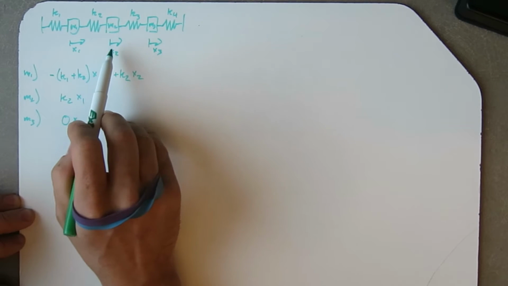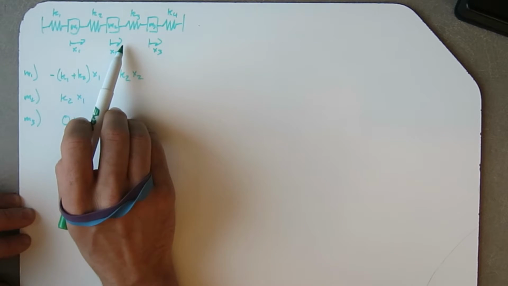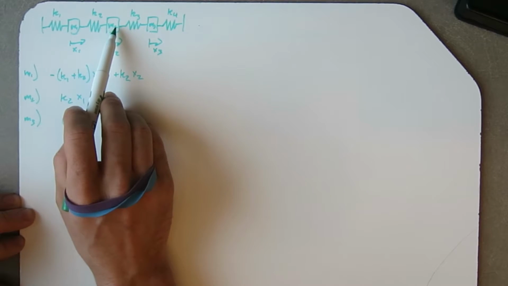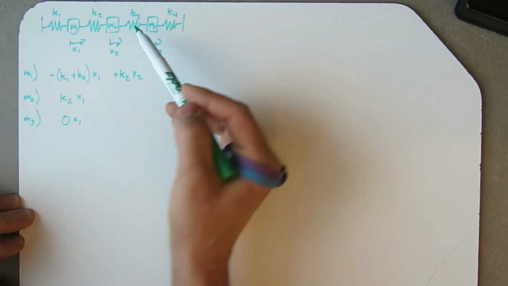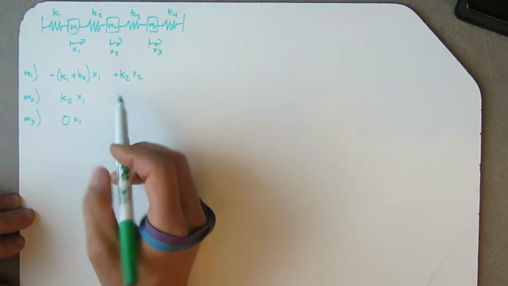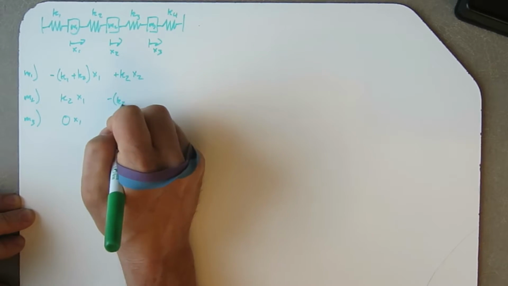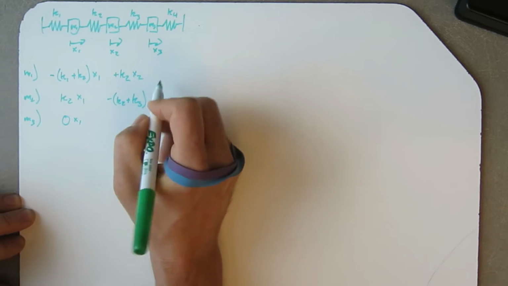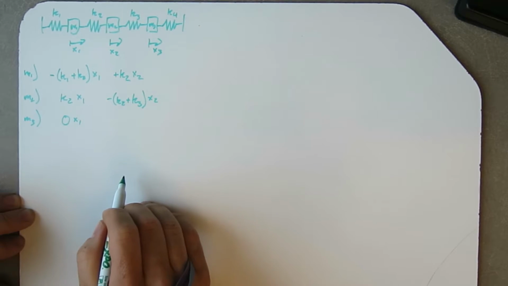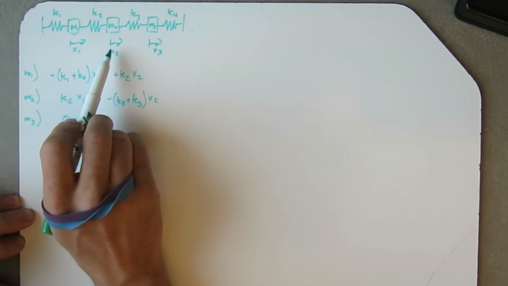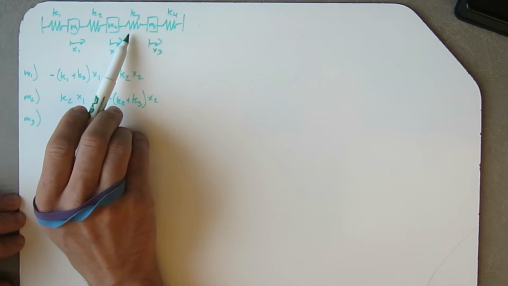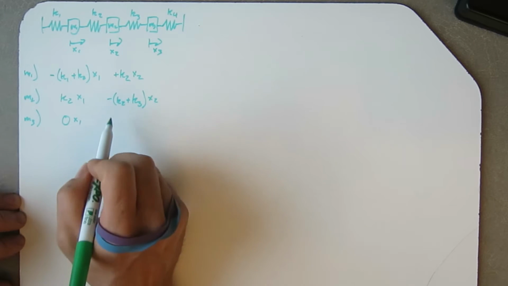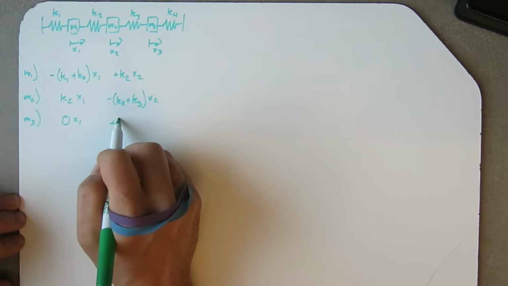And we'll do M2 displacing x2 positively, stretch K2, so K2 is going to pull back on M2, squish K3, so K3 will push back on M2, so we get a minus K2 plus K3 x2. And then when we displace x2 positively and squish K3, what happens to M3? Well, M3 feels a positive push from the squished K3, so we have a plus K3 x2.